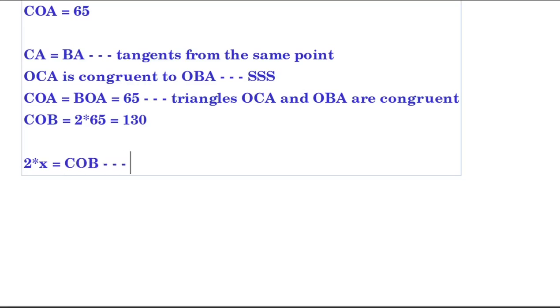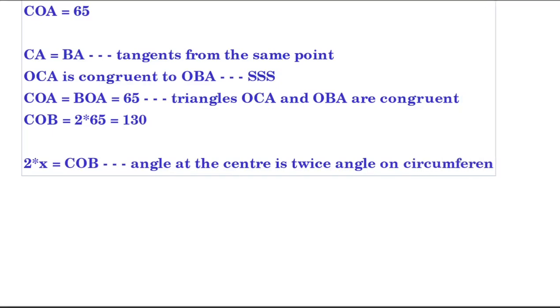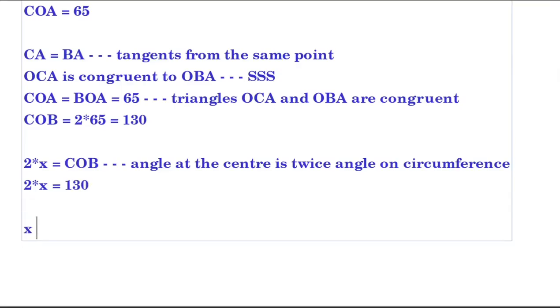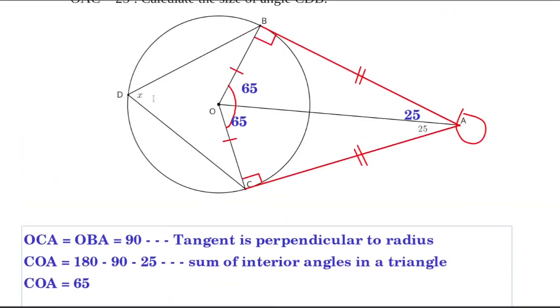Why are we saying that? Angle at the center is twice angle on circumference. Then 2 times X should be equals to COB. It's 130. Dividing both sides by 2, you are going to get 65 degrees, which simply means that here we are having 65 degrees.